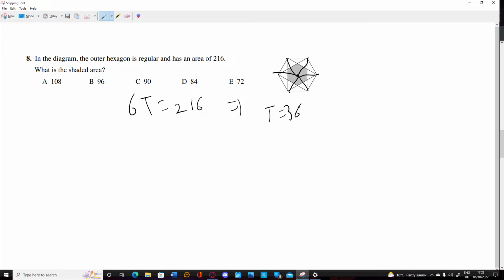And one thing you always want to recognize with regular shapes is the angles. So for this hexagon, to get an interior angle, you can do, what's that, n minus 2 times 180, divided by n, I believe, for interior angles.